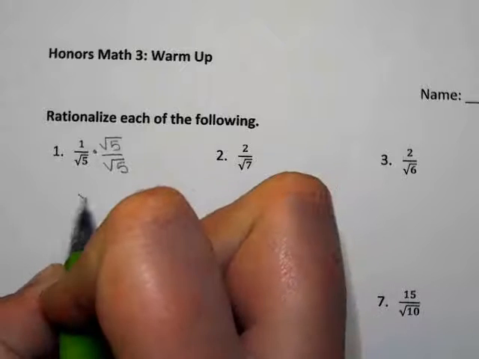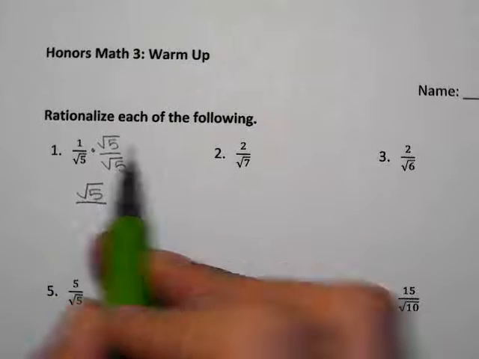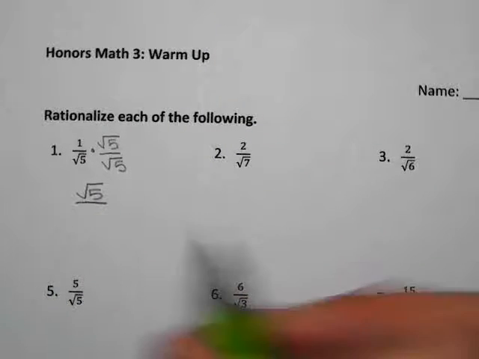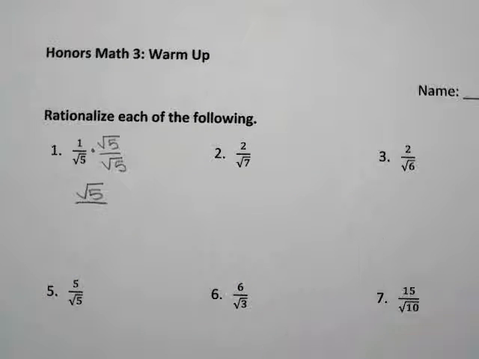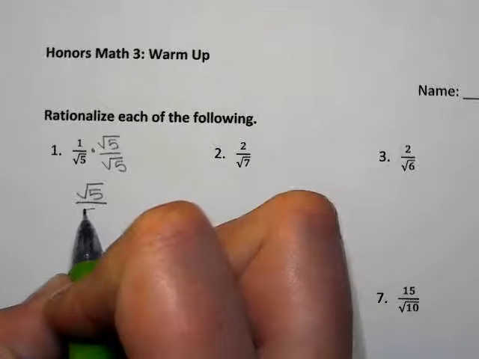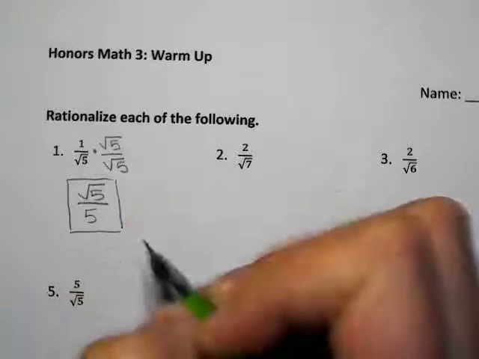Yeah, so it's 1 times root 5, which is just root 5. And then on the bottom, square root 5 times square root 5 is square root 25, which is 5. And so that's the answer. It has now been rationalized.